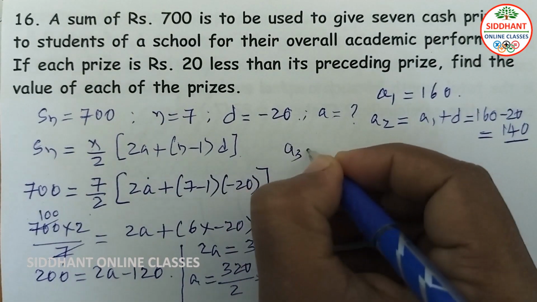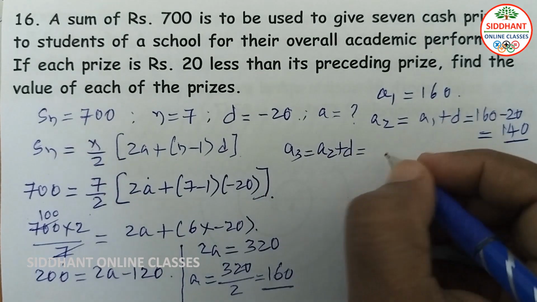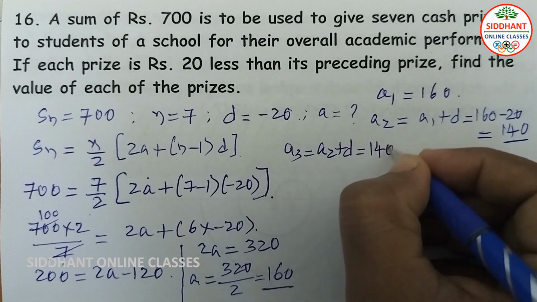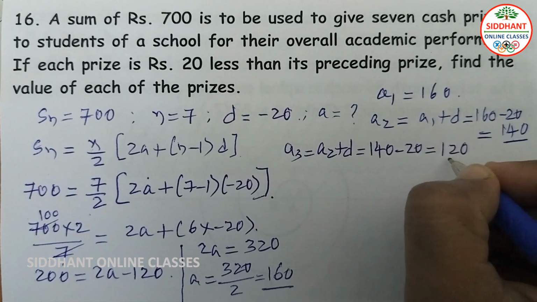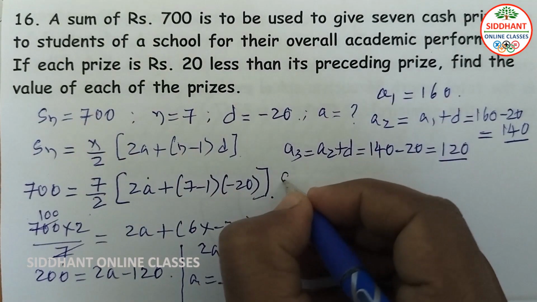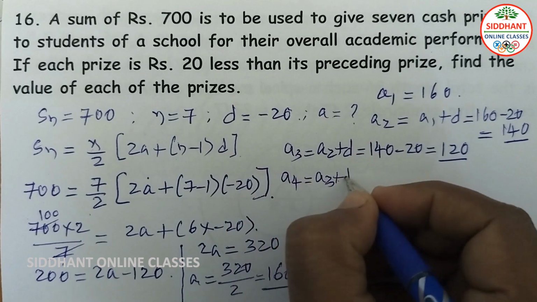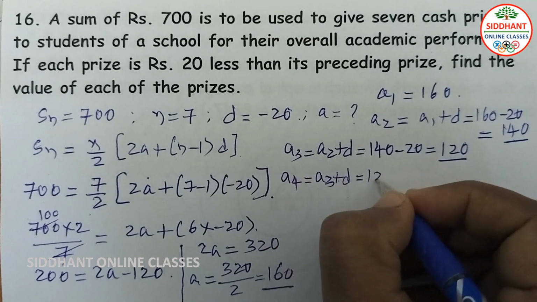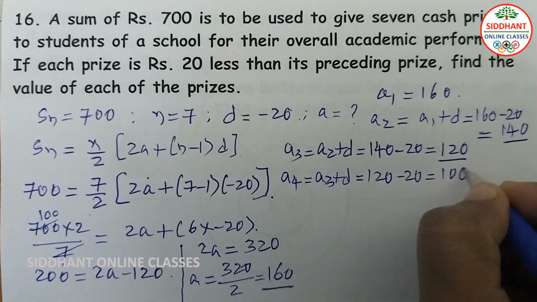Now A3 is equal to A2 plus D, that equal to 140 minus 20, so that equal to 120 here. Now A4 is equal to A3 plus D, that equal to 120 minus 20, so that equal to 100 here.